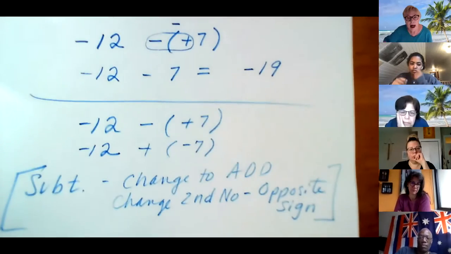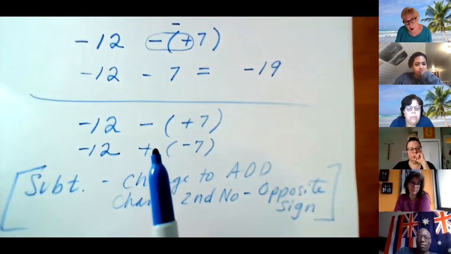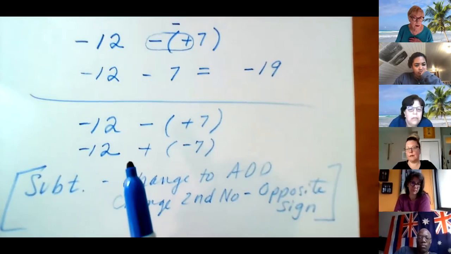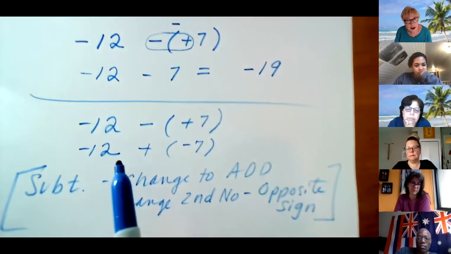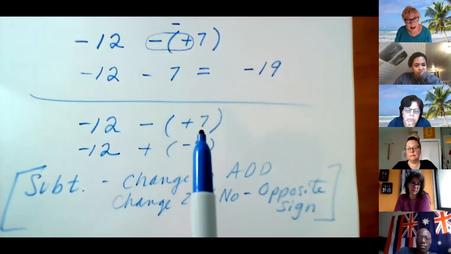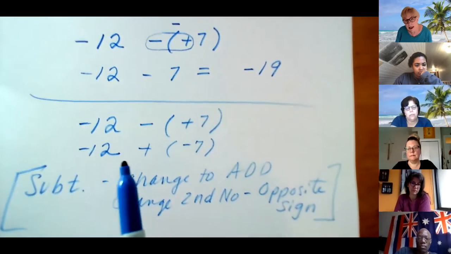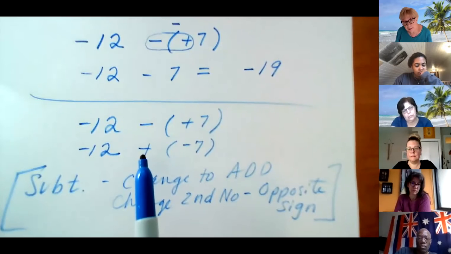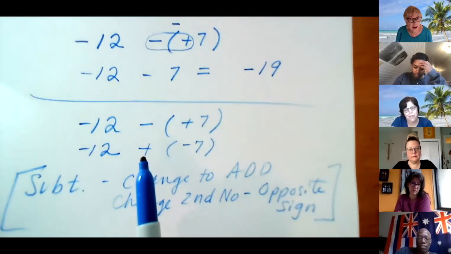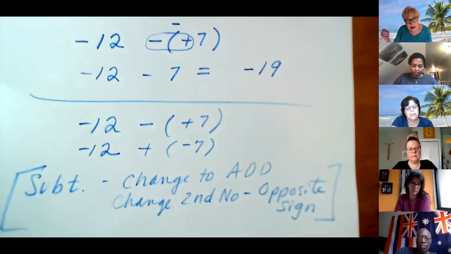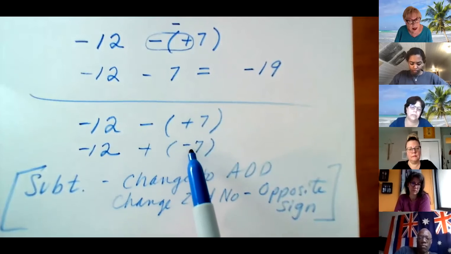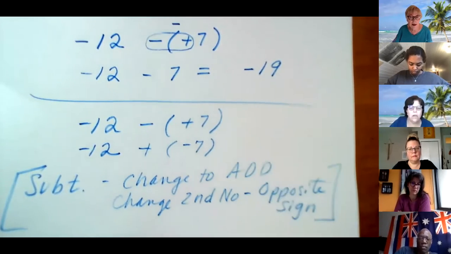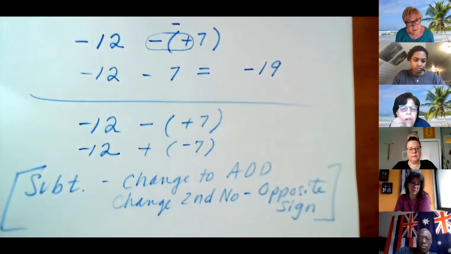I'm not saying this is the only way to do it, just your backup method. The first number never changed. Subtract went to add, and the second number went to its opposite. Then it's an addition problem, and for most people addition is simpler to comprehend and to make good choices. Negative 12 and another negative 7 is clearly negative 19.